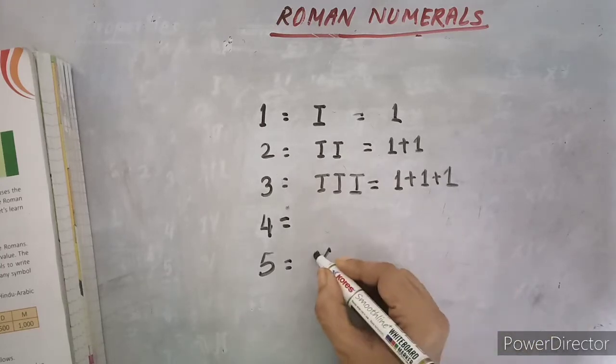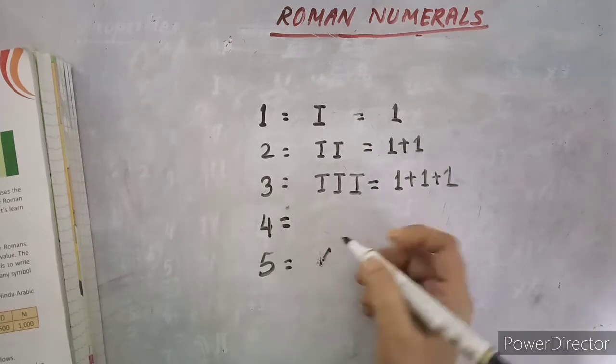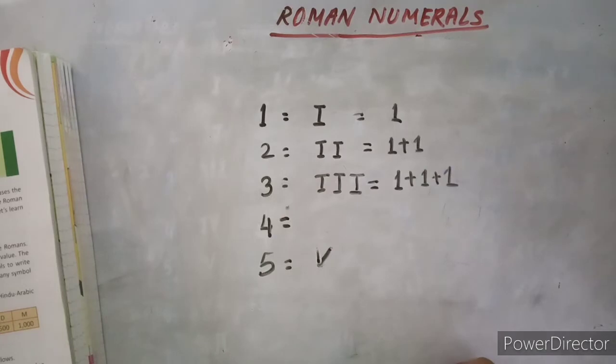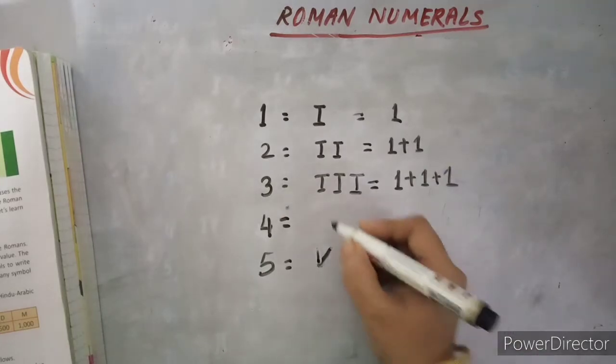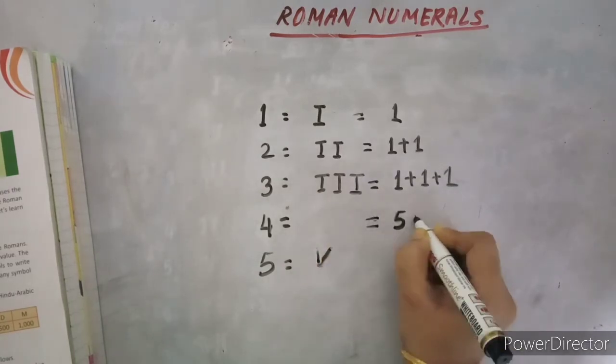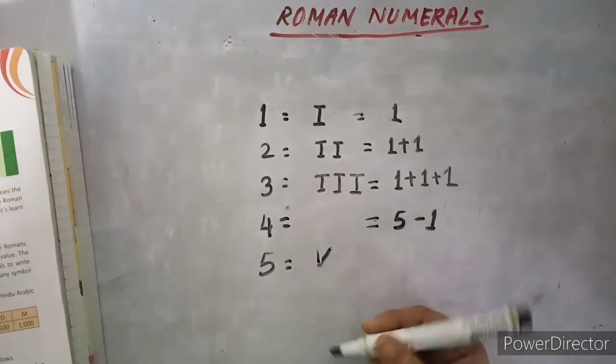So what they did is they already had the standard symbol for 5. Okay, V. Standard symbol for 5 was V. So what they had done is 4 is nothing but equal to 5 minus 1, isn't it? 4 was nothing but equal to 5 minus 1.